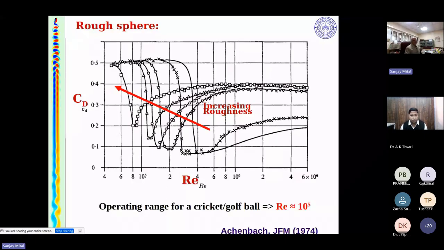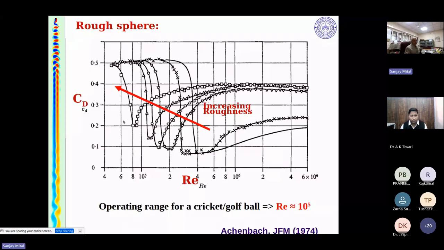Now, this was for a smooth body, and Professor Achenbach did these experiments by roughening the surface of a sphere. And what he found is that as you increase the surface roughness, this transition point where the boundary layer goes from a laminar to a turbulent state shifts to a smaller Reynolds number.